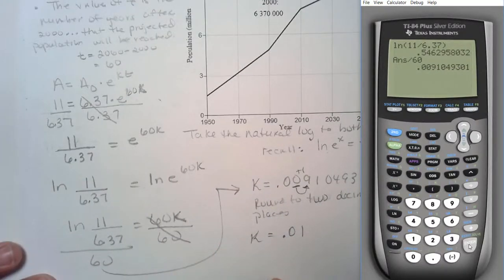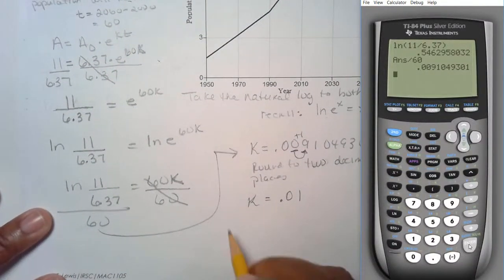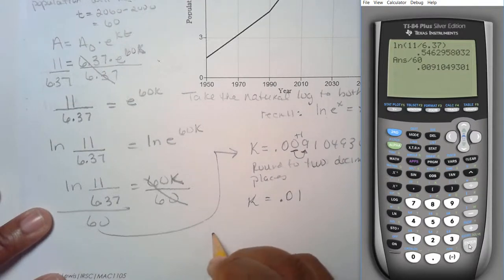Now, how do we create our equation? Okay, so now we have our initial population and we have our growth constant, which is 0.01. So here's our equation.